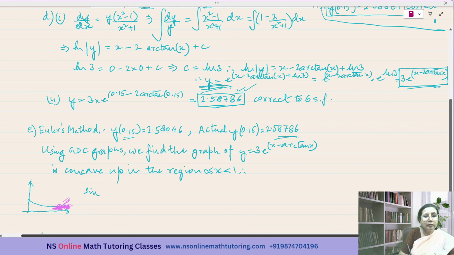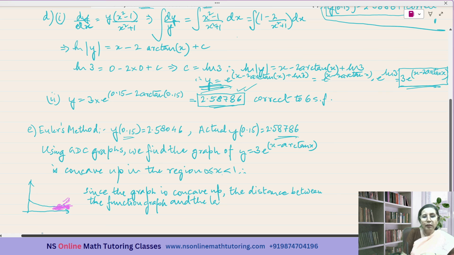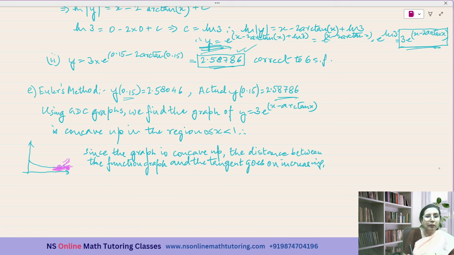We may write: since the graph is concave up, the distance between the function graph and the tangent goes on increasing.